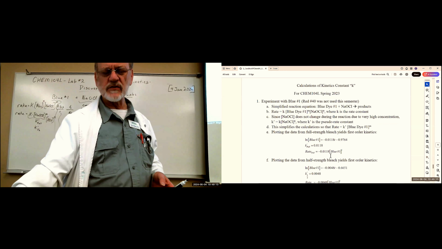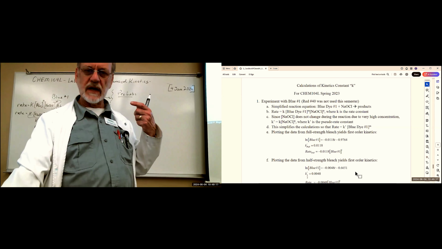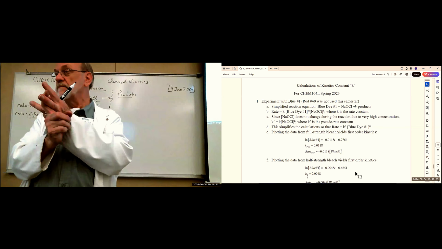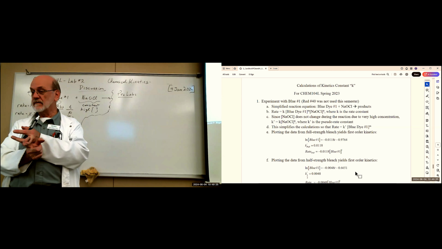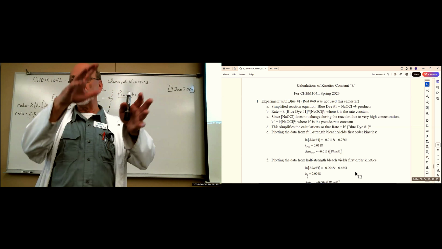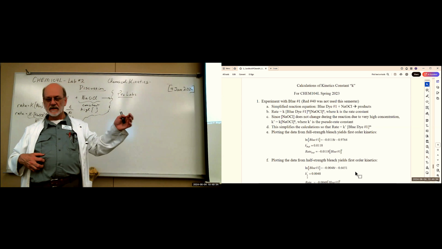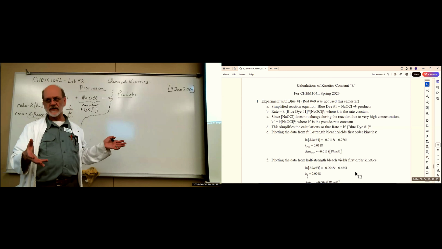The subsequent pages are what you do with the data to find out the actual rate law. First, you want to find out the order of your blue dye, right? And you do that from your plots, right? You take your data and you plot your raw data. If it's got a curve, like time against concentration, it's not 0 order.